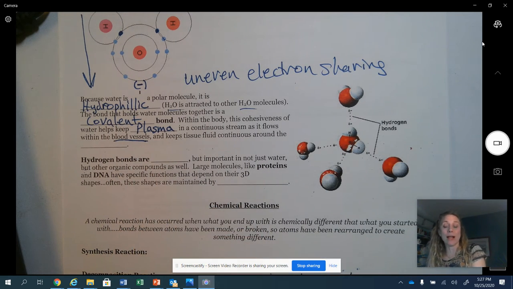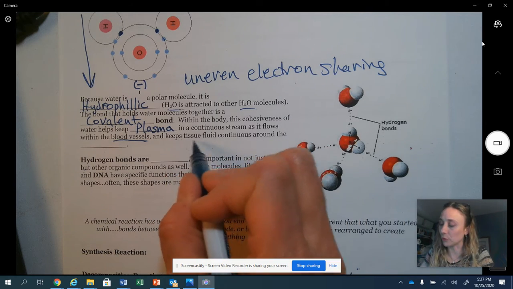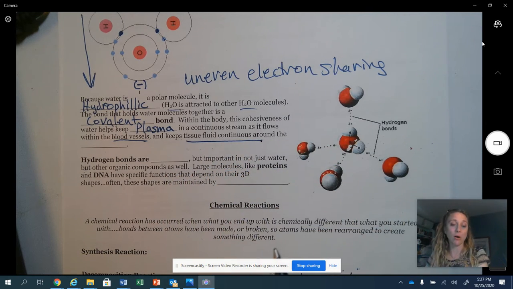It can ooze around, but it generally tends to stay with each other unless there's a high pressure or there's lots of holes or lots of opportunity for it to travel, or something that makes it want to travel. So it will also keep tissue fluid pretty continuous around your interstitial spaces, or the spaces around the cells.